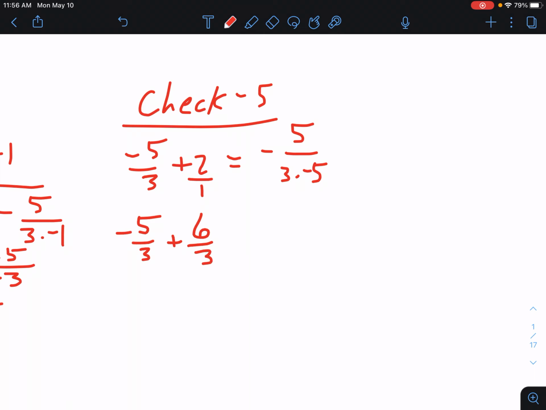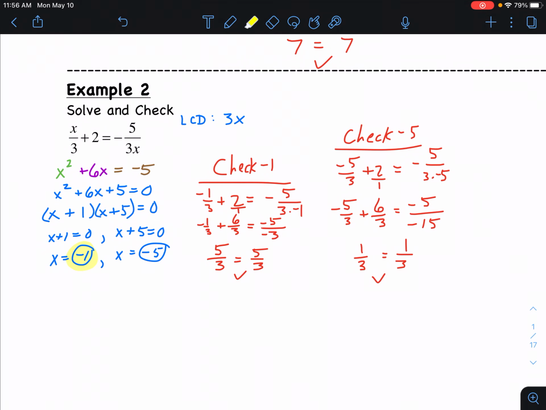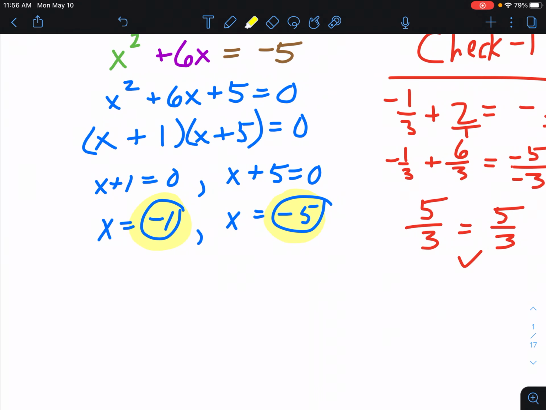Negative 5/3 plus 6/3 is 1/3. And then this would be negative 5 divided by negative 15. The negatives cancel, and 5/15 is also 1/3. So negative 5 also checks out. So we do have 2 answers to this problem.